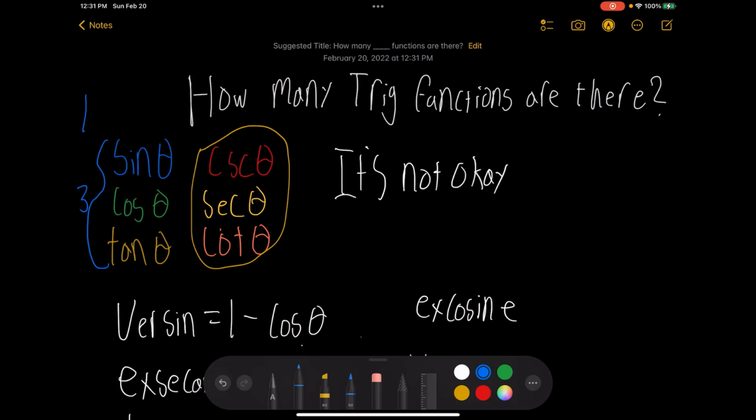And then if you're in calculus, you're going to be using 6, adding the cosecant, secant, and cotangent. And what about versine, excosine, exsecant, and all? Those are for people who really like to be technical and say there are actually 12, and even then, you're dead wrong. There's like 36. I didn't even talk about all of them. You're going to have to look that up on your own time.